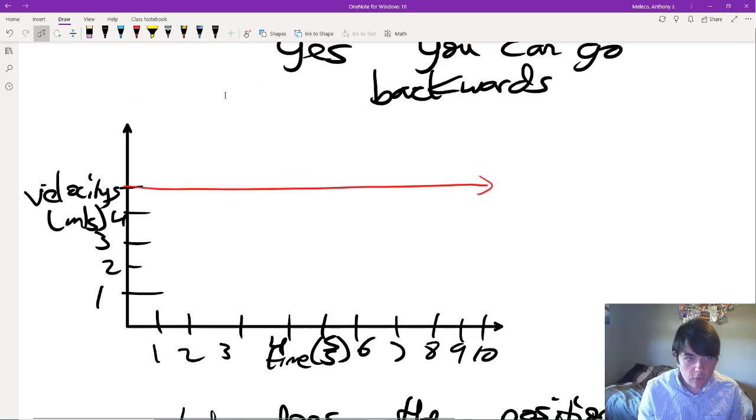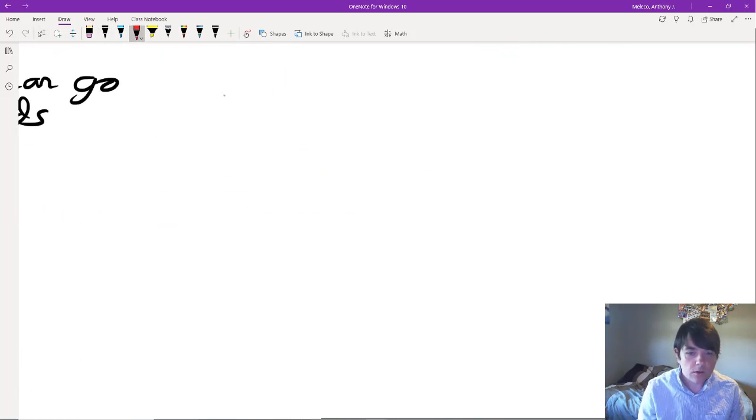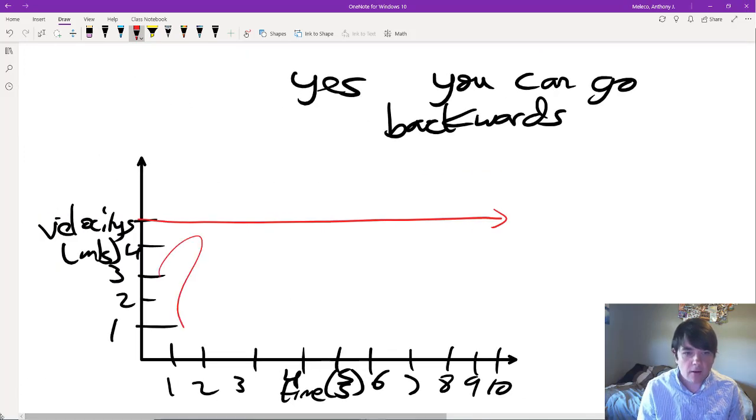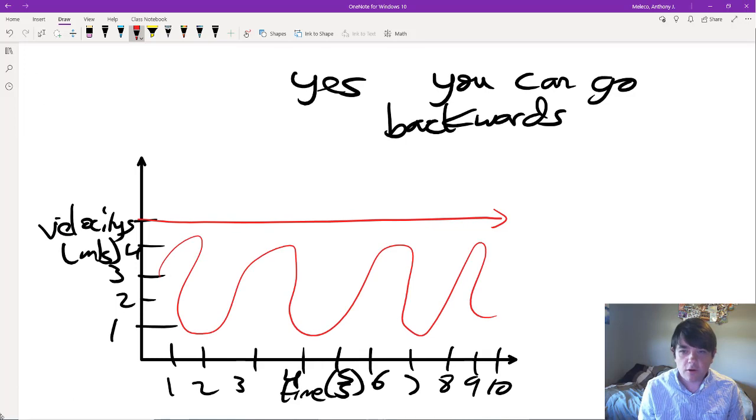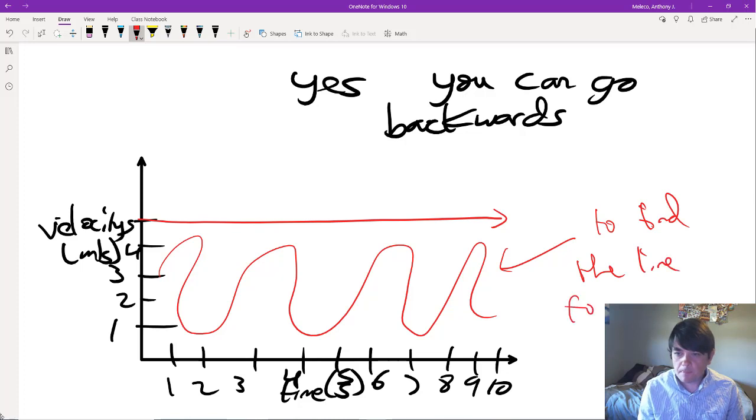But what you can do is get the area under the curve, to find the line for position. Get area under the curve, or area under the function.